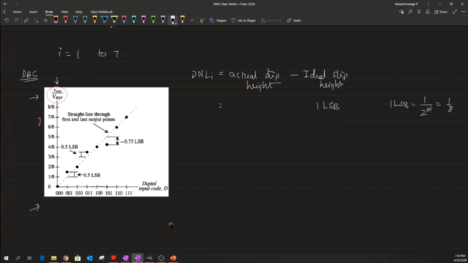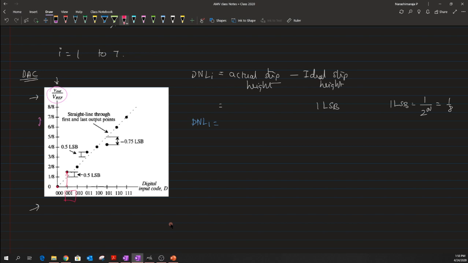Okay. Now, in order to compute the actual height, we have to begin with the DNL of 1. Which means that we are considering this input value of 001, and then we are trying to evaluate its height from its previous height. Okay. So, we try to evaluate this particular height here.